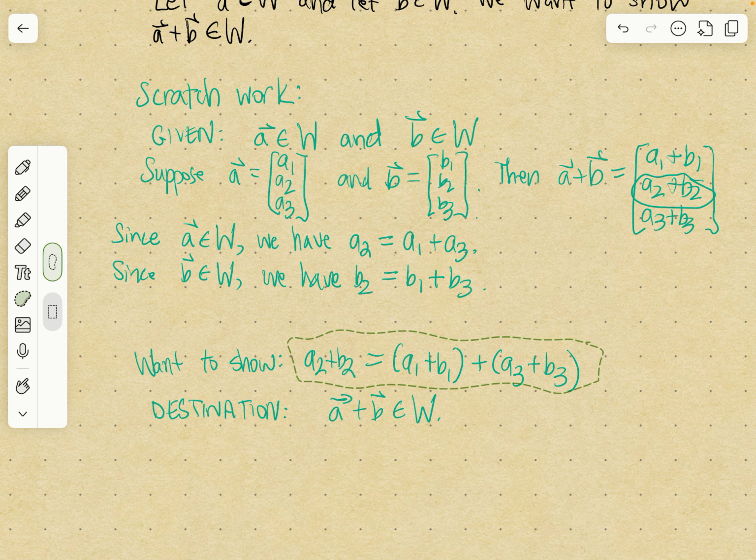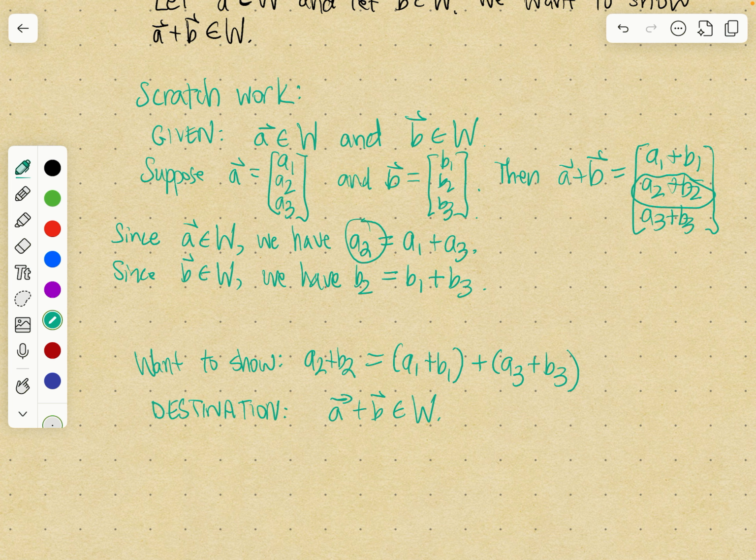Well, do you see how, I mean, these are real numbers we're talking about, right? A1, A2, A3, B1, B2, and B3, these are all real numbers. And so we're trying to show that if you know these two equations, you get this single equation. So what can we do? We can just add them, right? If I have these two equations, I have A2 here, I have B2 there.